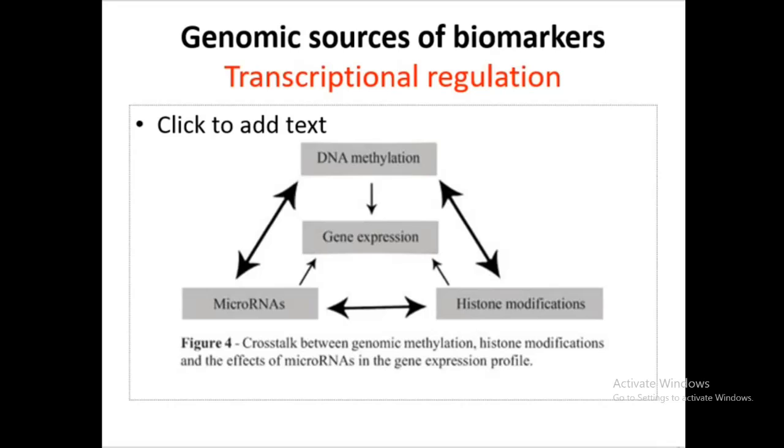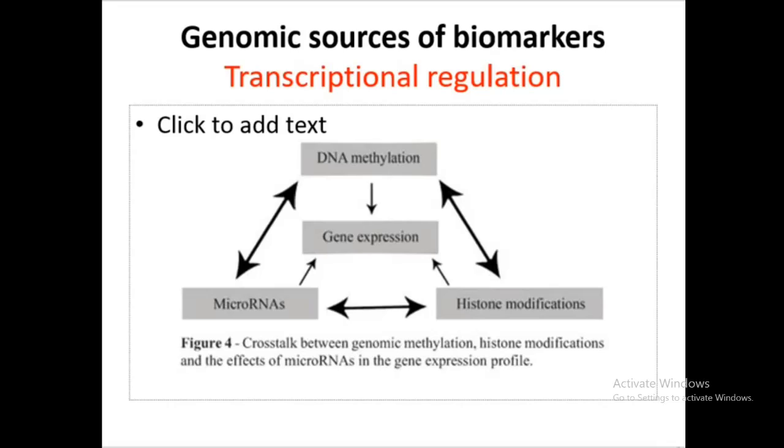For example, there's increasing interest in the prognostic use of microRNAs in a range of cancers. Because what they found is that when they compare the level of certain microRNAs in blood between a normal healthy individual and an individual, for instance, with prostate cancer, there appears to be significant differences.